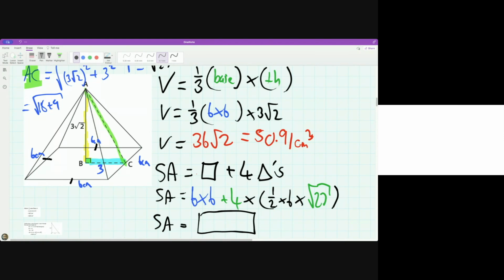I've got an answer, but I want to see if anybody agrees with me. I see the same answer coming up on the screen. Naledi, Asande, Tandiwe. Okay, we are all 98.35. Let's just make sure we get our units. 98.35, and the units will be centimeters squared.